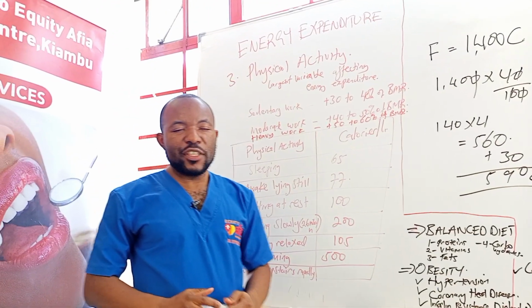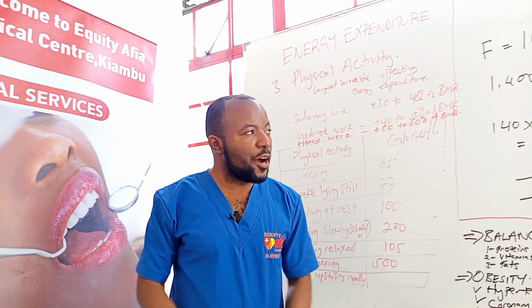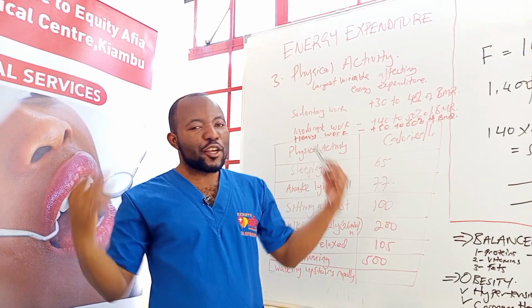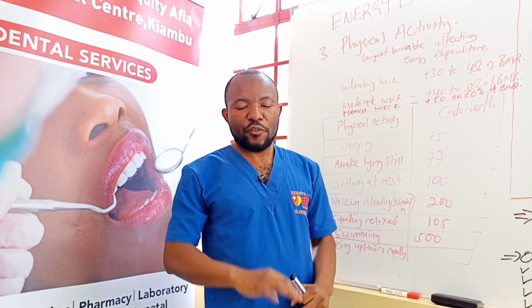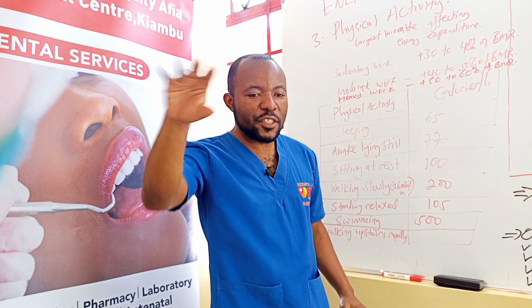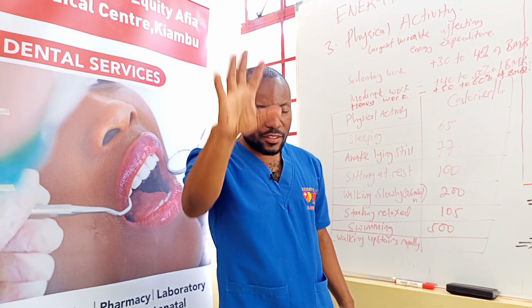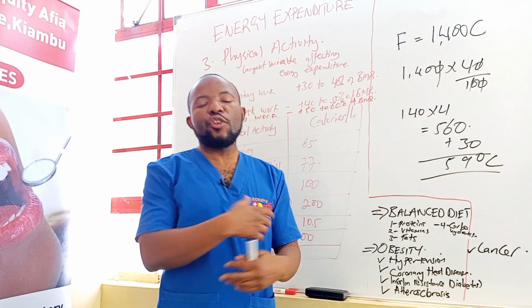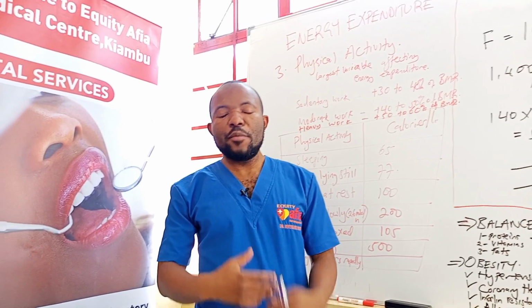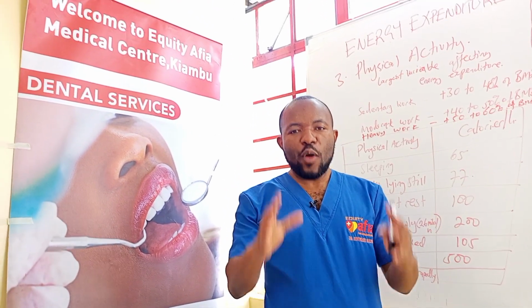Now just imagine in 24 hours you took in a kilogram of maize as part of your whole diet. We have not considered the protein, we have not considered the vitamins, we have not considered the fats. And then you work, you are seated on the computer. All the time you are at the computer, you are doing work while sitting.